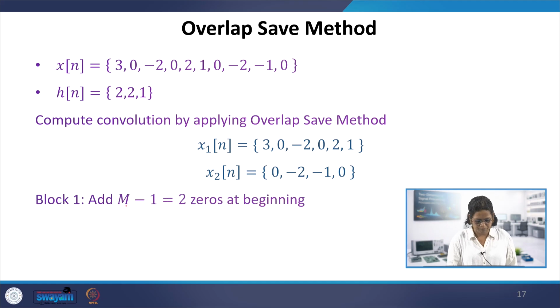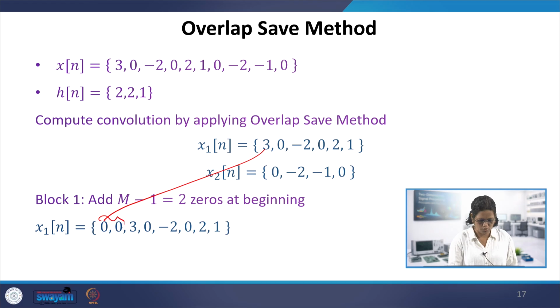Now what is the difference here with the save method corresponding to the overlap add method? Here we need to add m minus 1 zeros, where m comes from the length of h, so 2 zeros at the beginning of x1. So x1 of n is now, you can notice, 2 zeros added before this, and then the same sequence that we had.